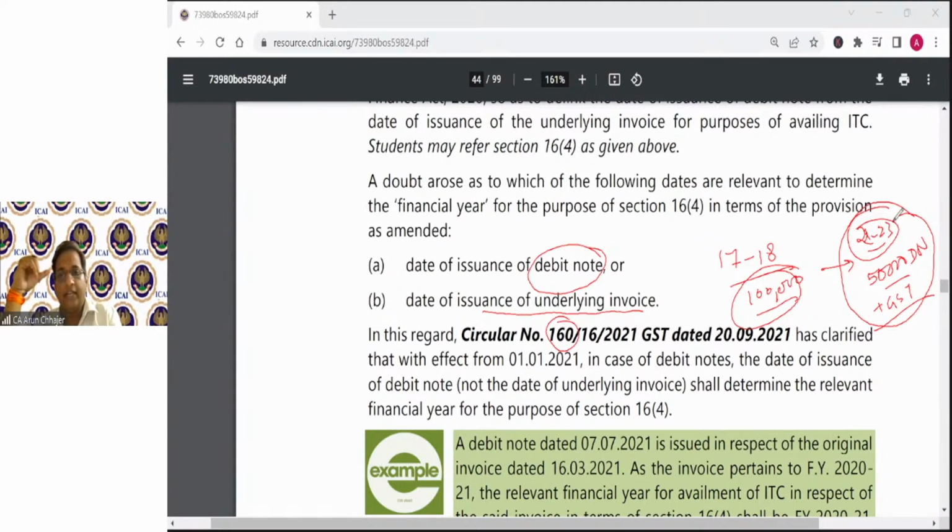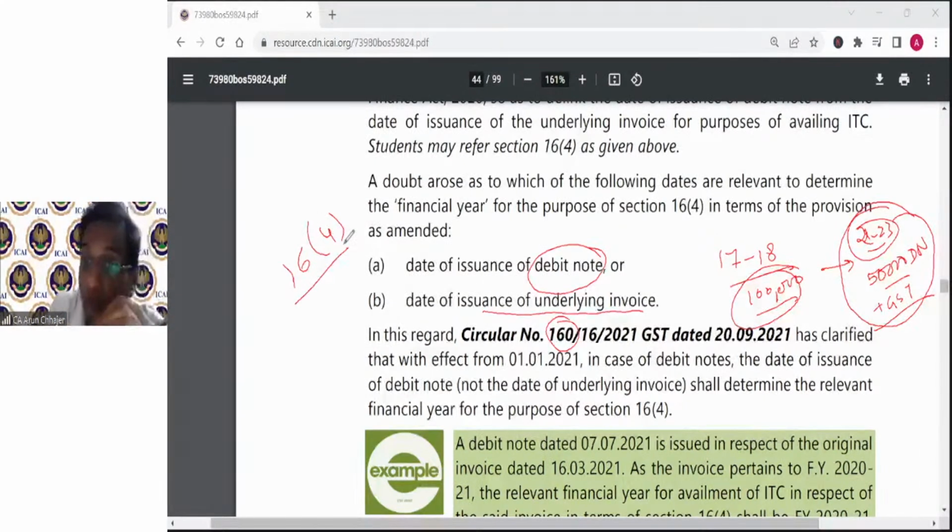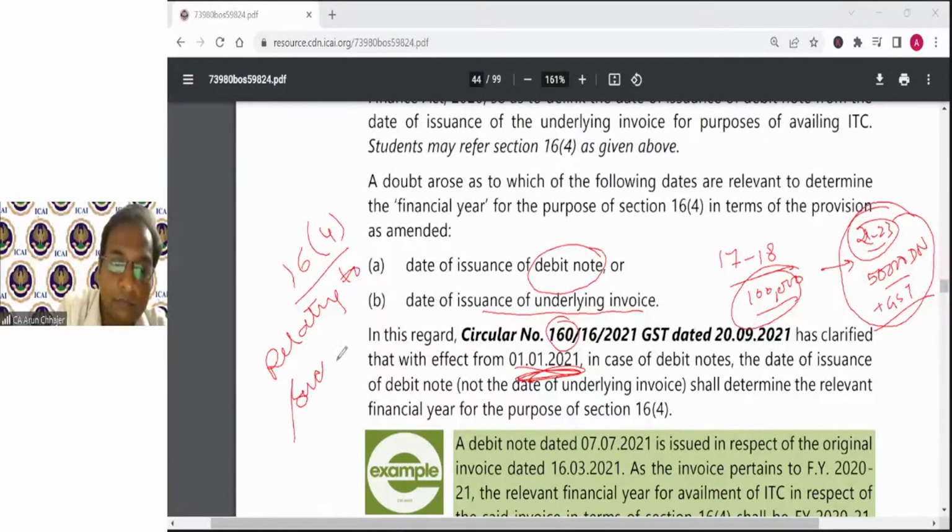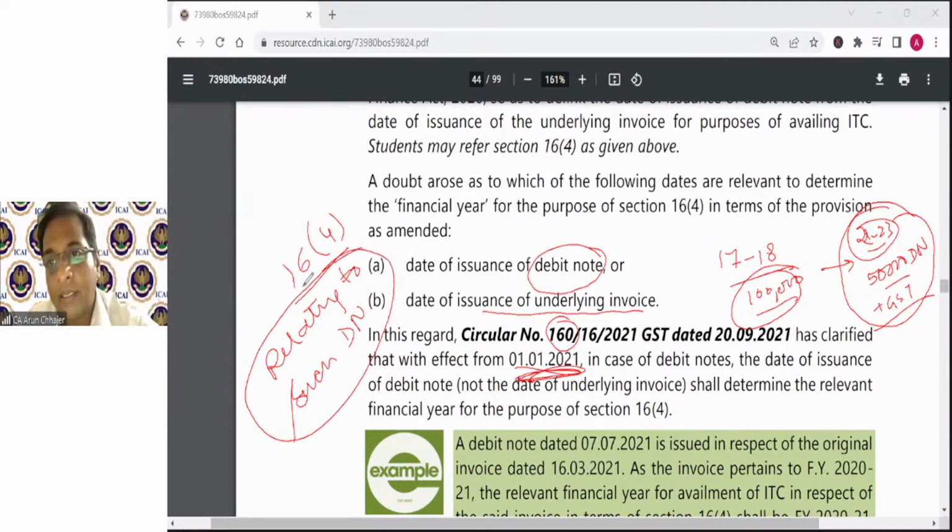They were saying that if you raise the original invoice and after some time you find there was a mistake, for which you raise a debit note increasing the liability, can the customer take the ITC or not? In 16(4), prior to 1/1/2021, there was a wording "relating to such". This word was creating the problem.